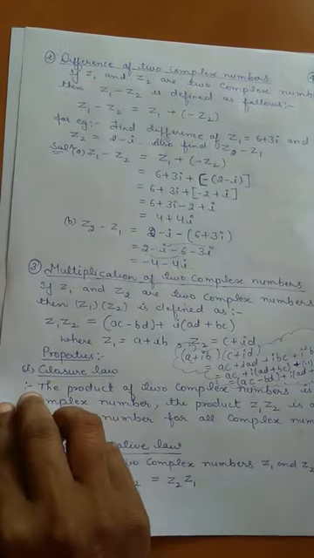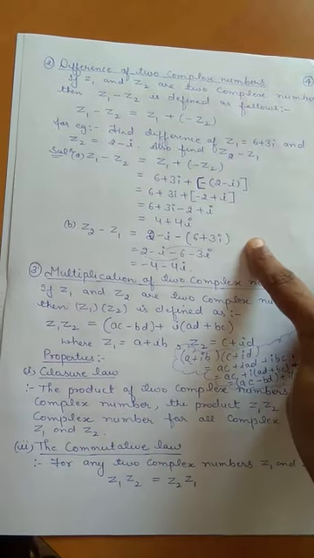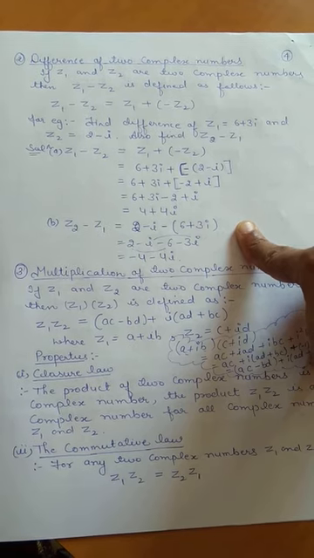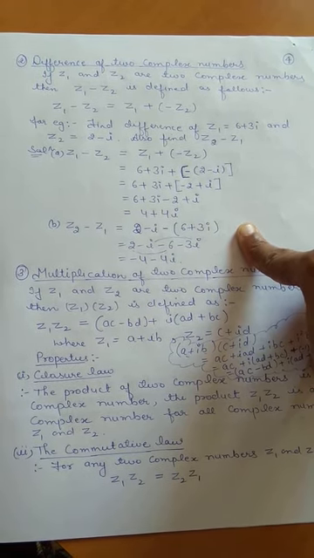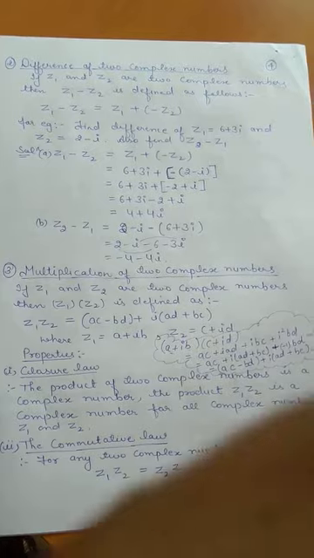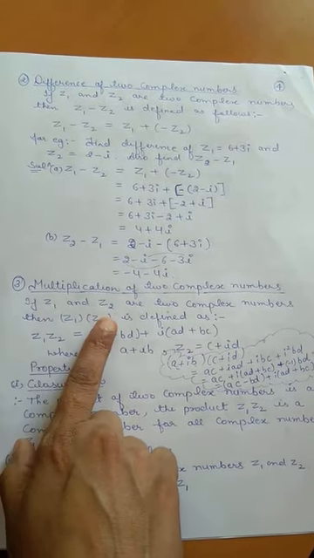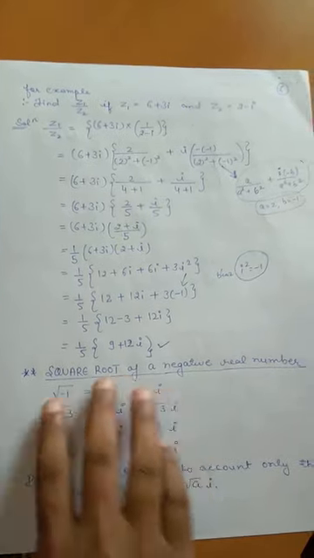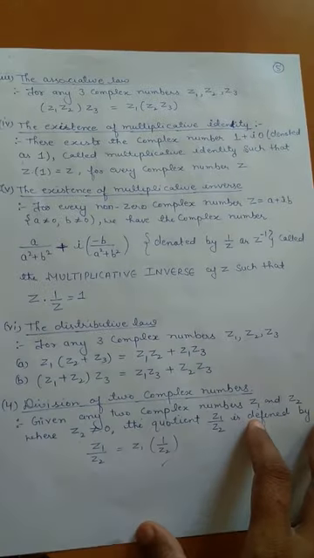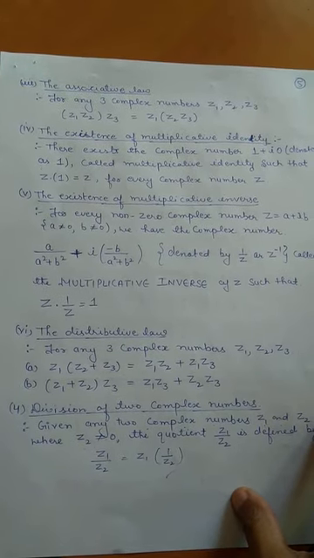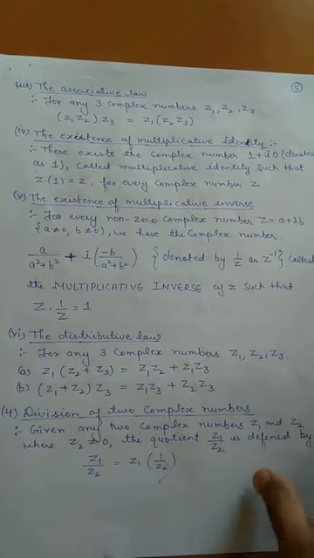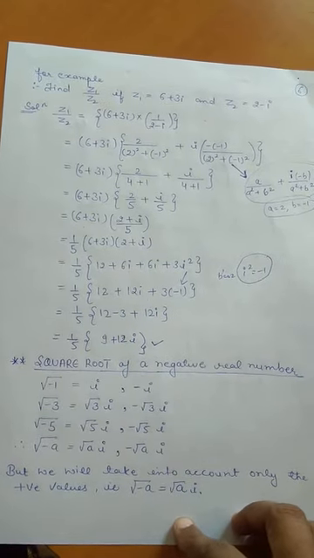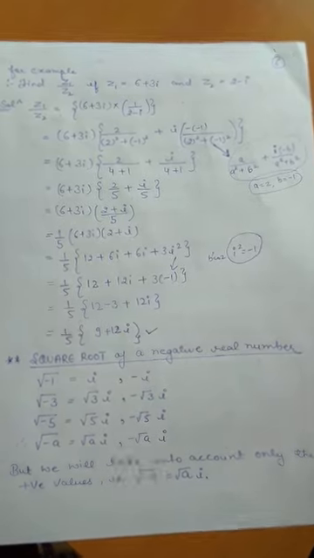Then we did the difference of two complex numbers, a very important question telling you that the difference of Z1 and Z2 is completely different from Z2 minus Z1. Then we did multiplication of two complex numbers, the properties of multiplication and division, and at last we did this example and the square root of negative real numbers. Hope you have understood all the concepts.